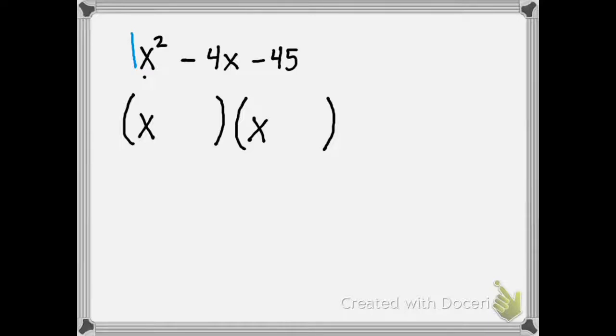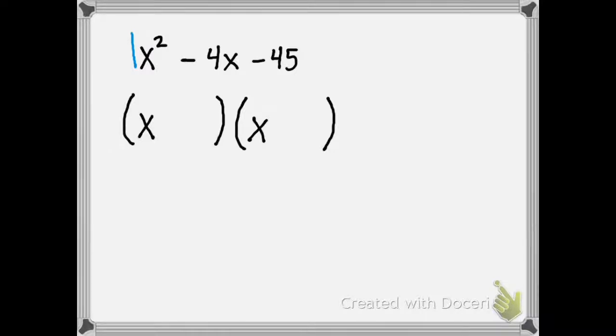Now, because the leading coefficient is 1, we also want the numbers to add together to be the coefficient of the x term, negative 4. What I do sometimes is list out all the ways to multiply 2 integers and get negative 45, and then I take those integers and see which pair will also add together to be negative 4.